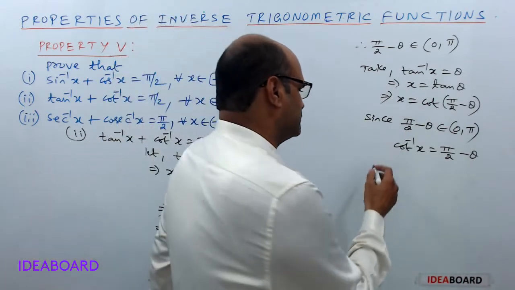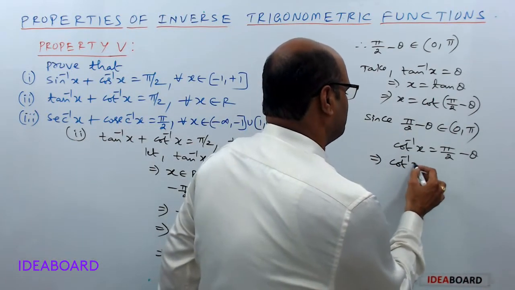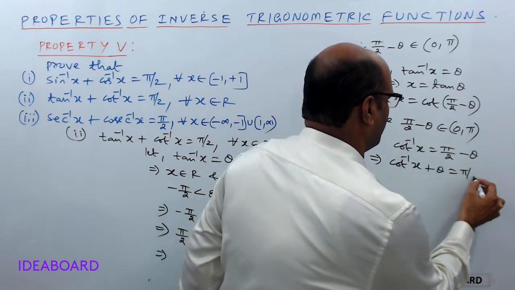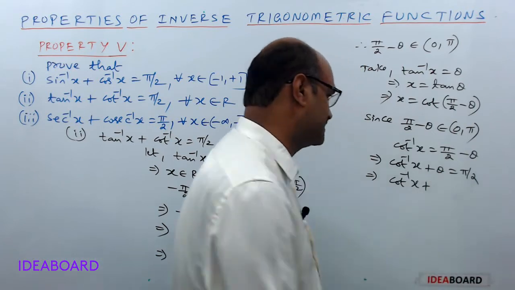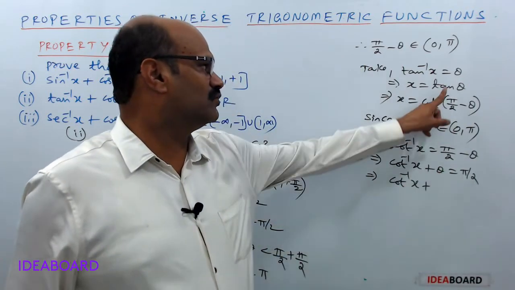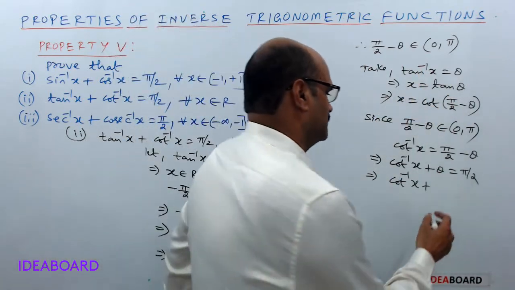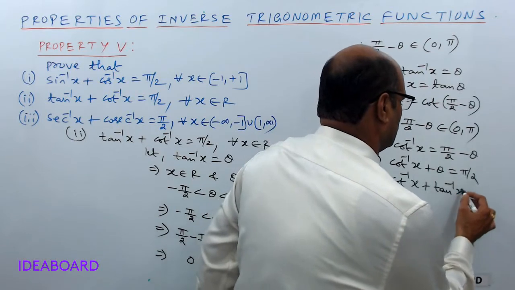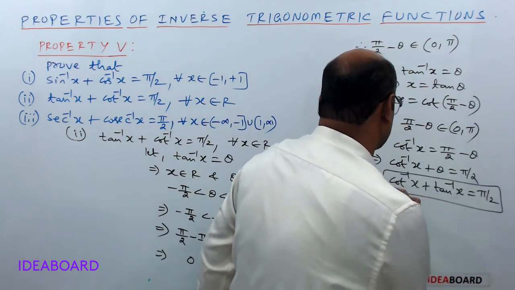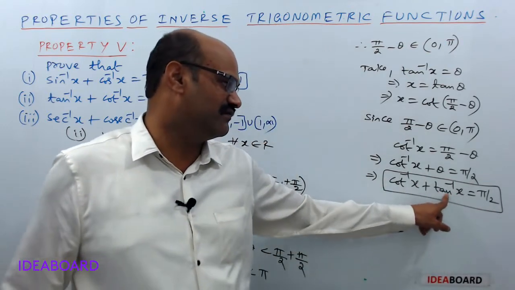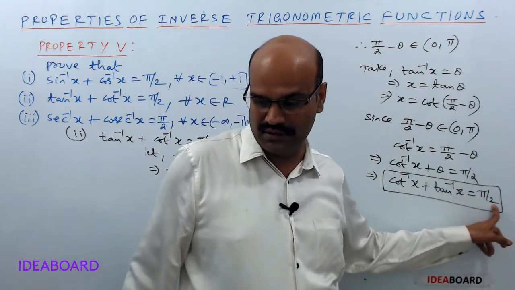Therefore cot inverse of x plus theta equal to pi by 2. But theta equal to tan inverse of x, so it equals pi by 2. Therefore tan inverse of x plus cot inverse of x is always equal to pi by 2.